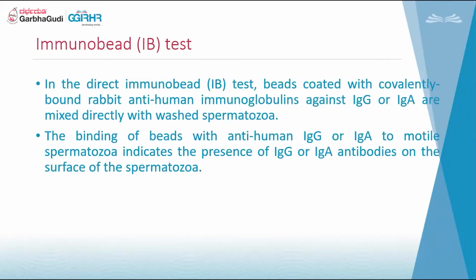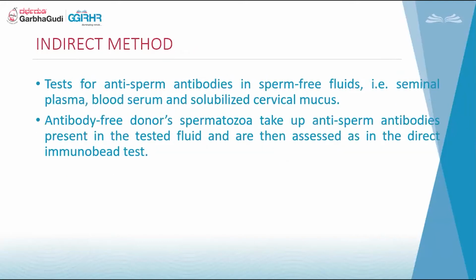Next, the immunobead test, the direct immunobead test. I said there are beads for washed samples, and there is polyacrylamide bead that will again attach to the sperms. In the indirect method, there is testing for anti-sperm antibodies in sperm-free fluid, seminal plasma, or blood serum.